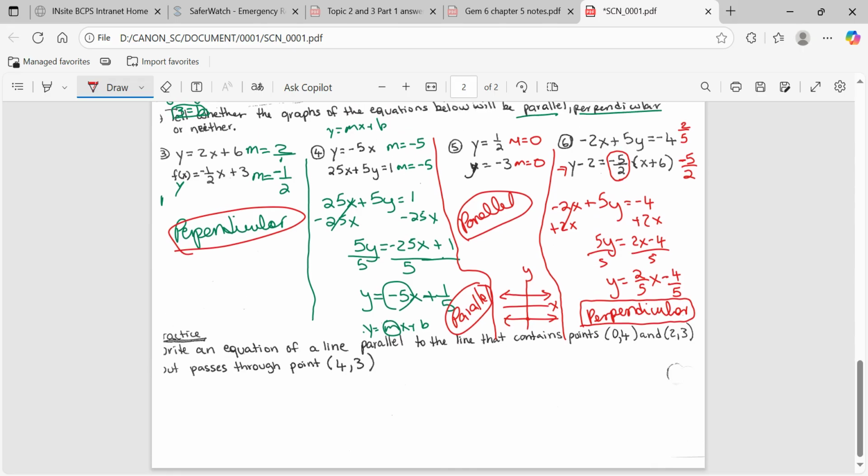All right, so now lastly, oh, this is a fun one. We're going to write the equation of a line that is parallel to the line that contains both those points, but passes through the point (4, 3).